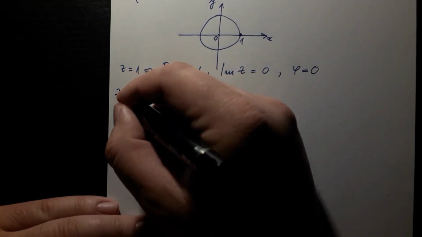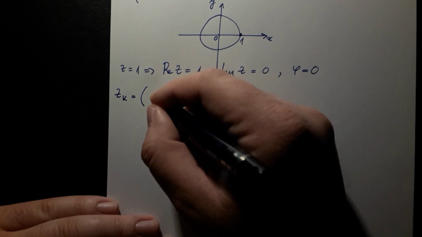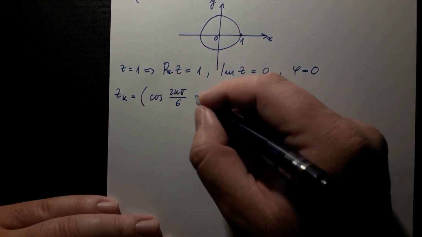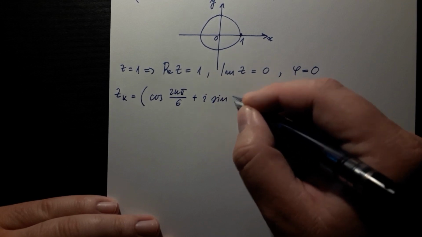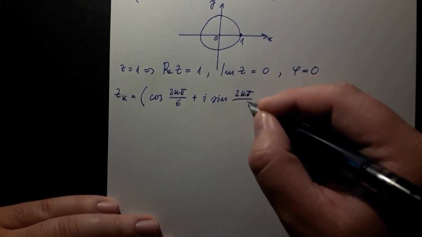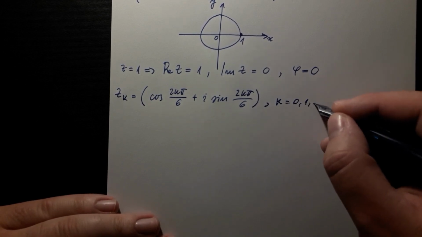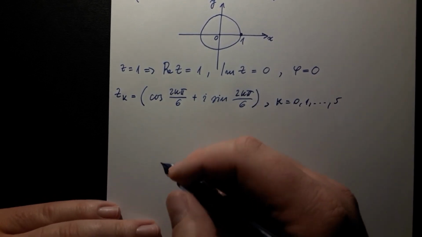Well, that makes number zk be equal to cosine of 2kp divided by 6 plus I times sine of 2kp divided by 6. And of course, that is for k 0, 1 all the way to 5.